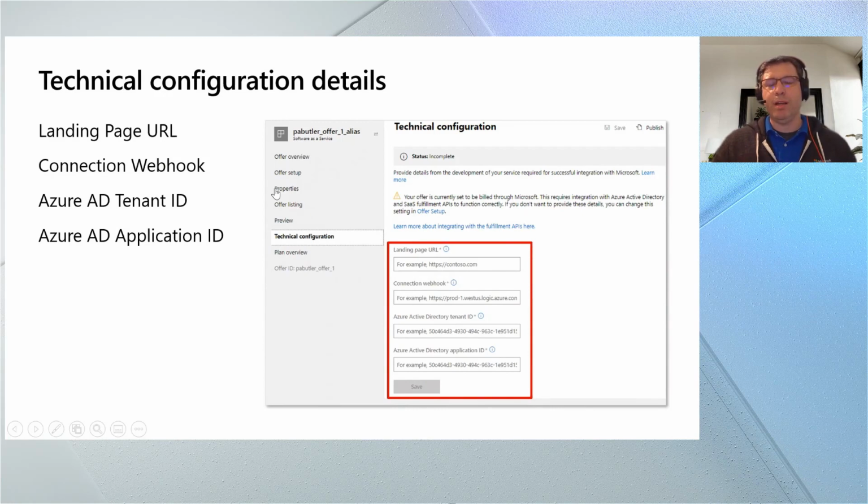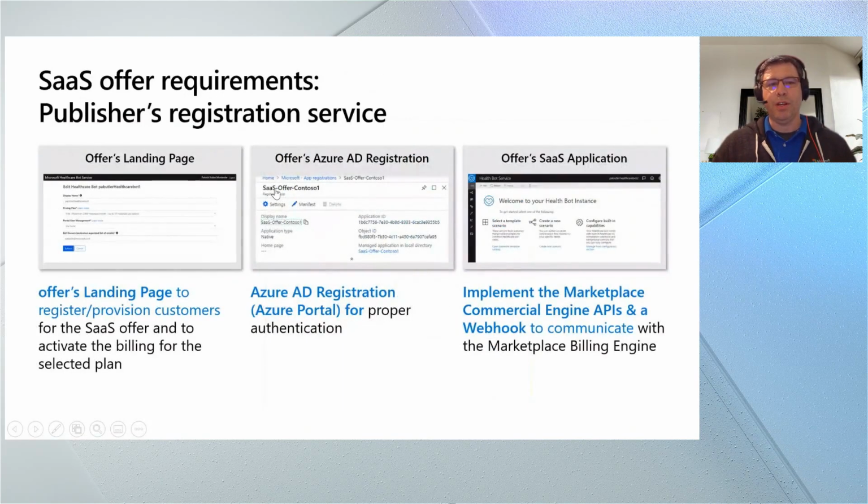To summarize what I just explained, let's go to the next slide, which will give us a better view. From a technical perspective, this is the configuration that you need to have. Think about it: the landing page, where to redirect the customer. You need to have an Azure AD registration to properly authenticate with the e-commerce engine.